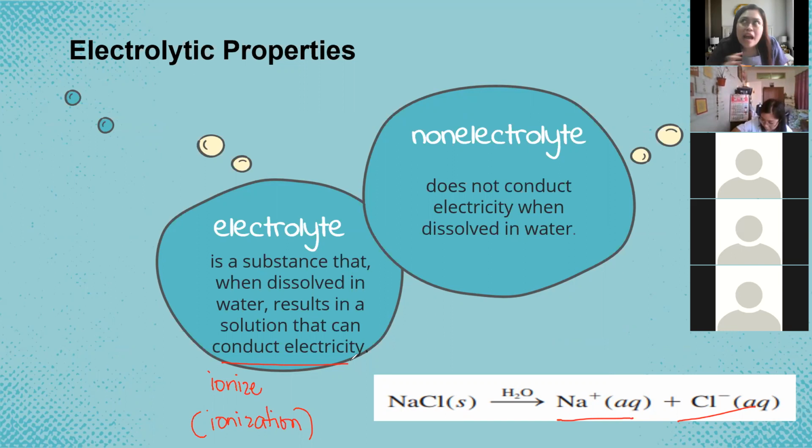So since walang charged particles or walang ions na mapoproduce, class, hindi sila nagkakandak ng electricity. So that's the difference now between electrolytes and non-electrolytes.